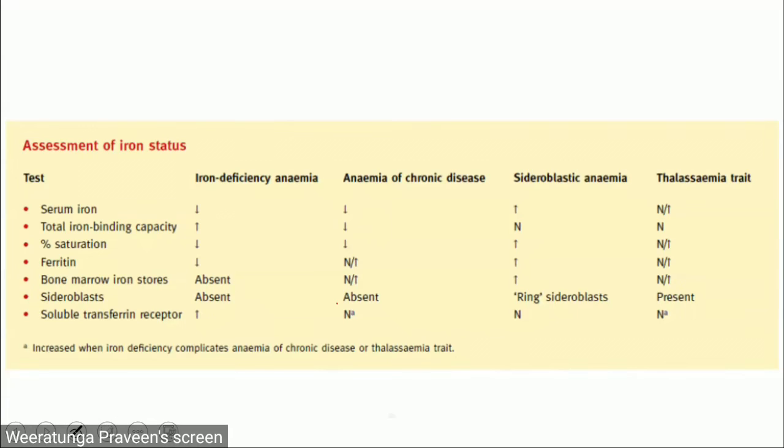And also, actually there's a lot of iron in the bone marrow, and also in the body, but it is not being incorporated into hemoglobin synthesis. That is the problem. Because of the inflammation, the iron is trapped. It cannot be released or incorporated into hemoglobin, right? So the ferritin is high because of these reasons.